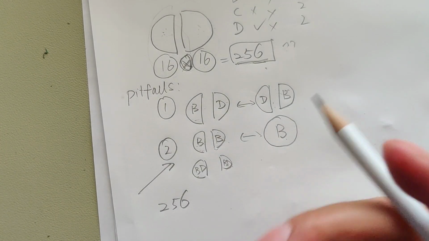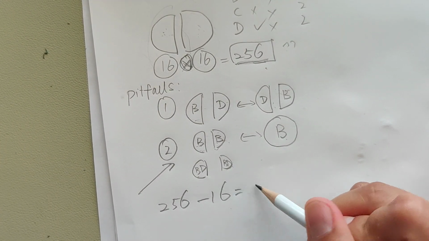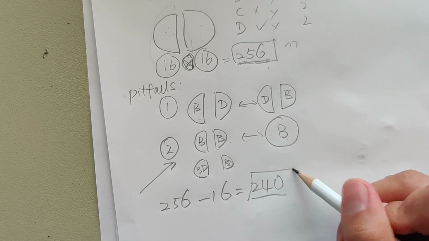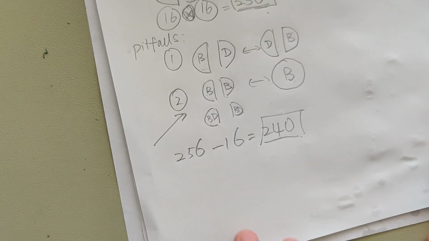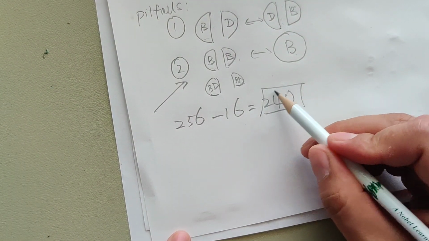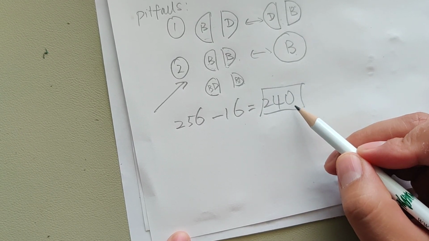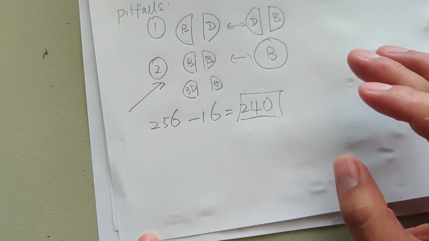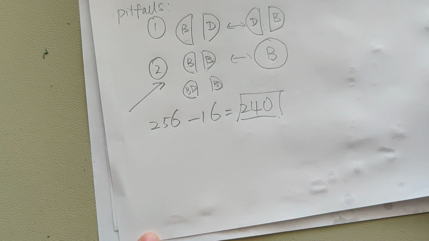Those are counted twice. Okay, I'm getting somewhere here. Now, all this 240 are the combinations that have different halves.